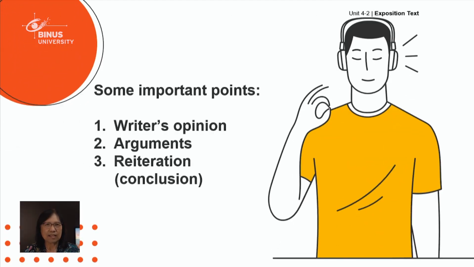And don't forget some important points that you should have in your exposition text. So the first one, again, your opinion. The second one, you have to support your opinion with arguments. And the last one, you should close it with a conclusion or reiteration.